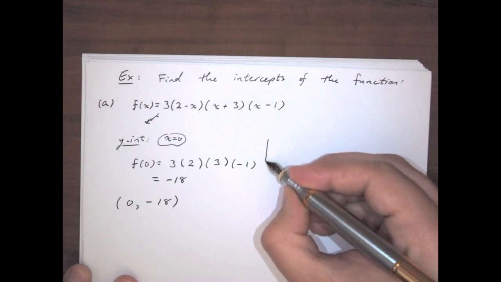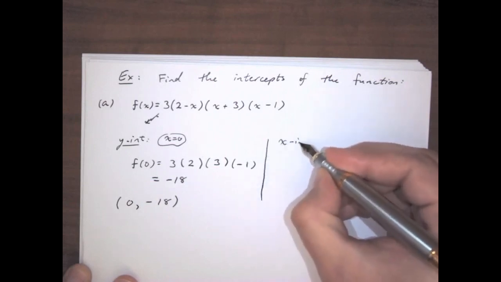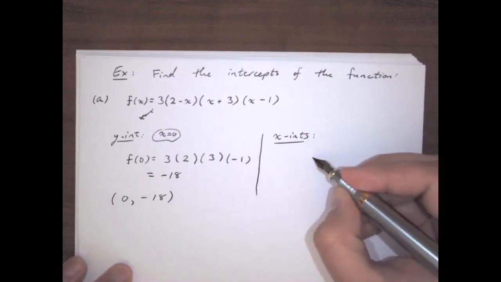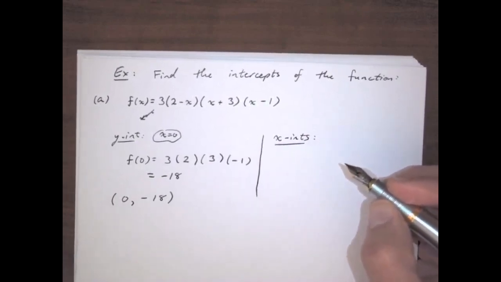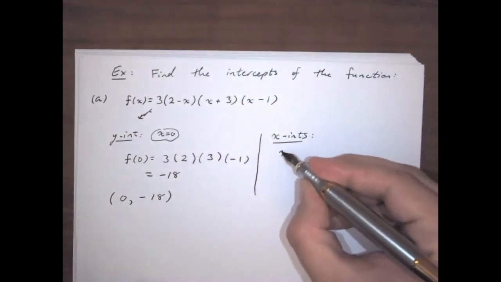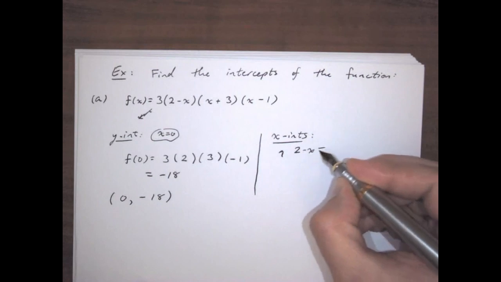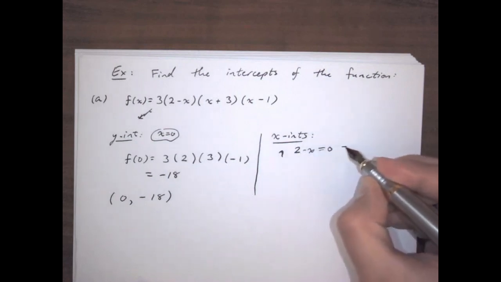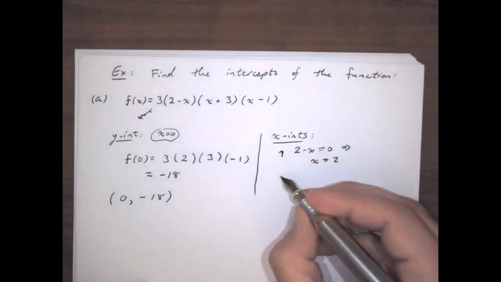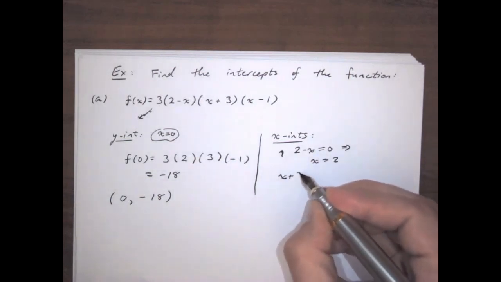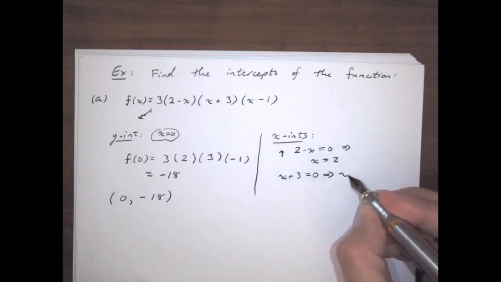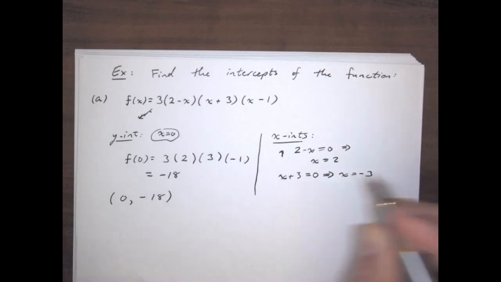Now as far as the x-intercepts go, that's where each factor gets set equal to 0. And if the factor doesn't have an x, then you don't have to worry about it. But if it does, so we're going to have 2 minus x equals 0, which is going to lead us to x equals 2. We're going to have x plus 3 equals 0, which leads us to x equals negative 3.